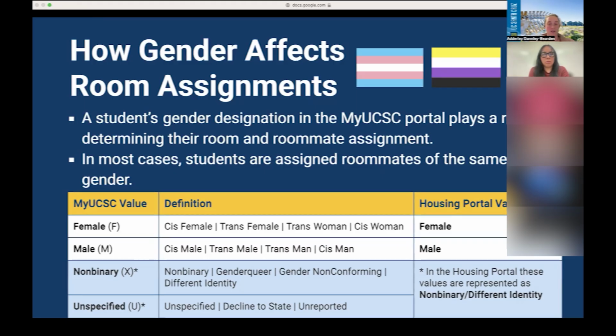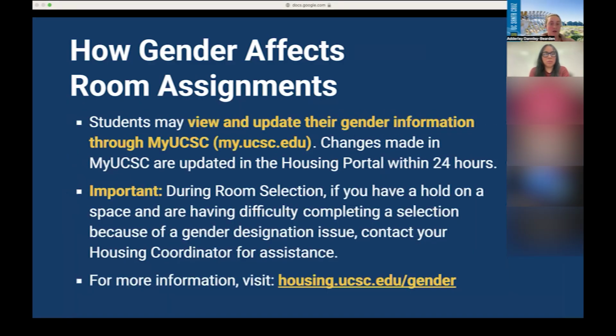So we encourage students, if you need to update your gender through the portal or adjust that at all, you can do that. It typically does take 24 to 48 hours to reflect. So we want to make sure that in the event that you, ahead of room selection, would like to adjust that, you have enough time to do so.